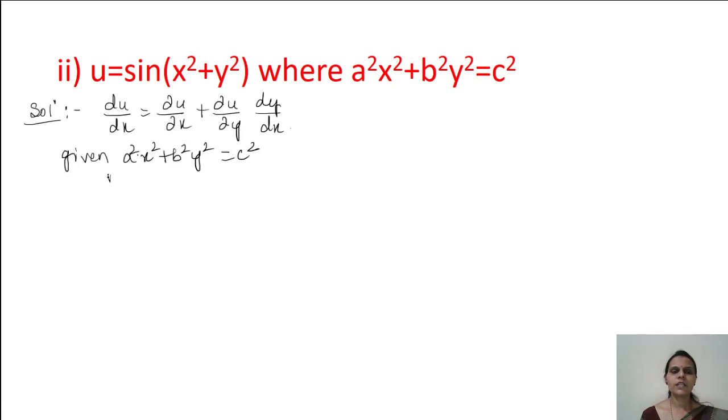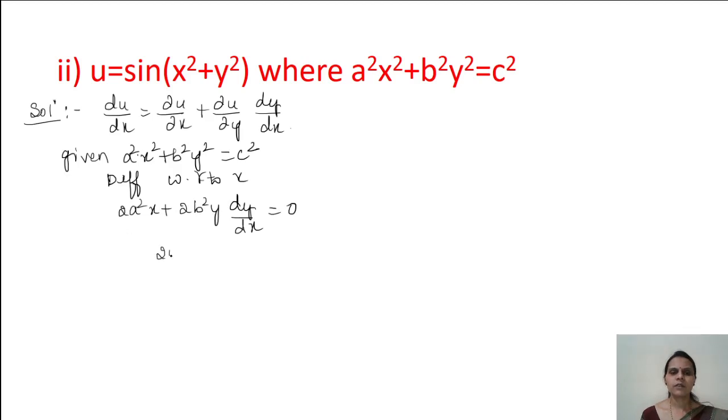Now differentiating this with respect to x, we get 2a square x plus 2b square y into dy by dx is equal to 0. Here a square is constant, differentiation of x square is 2x. Here b square is constant, differentiation of y square is 2y into dy by dx, and differentiation of c square is 0.